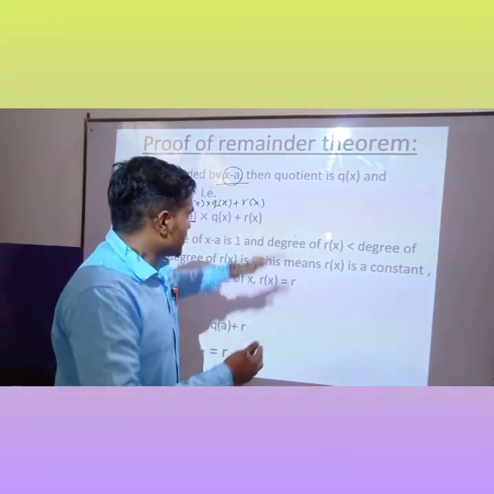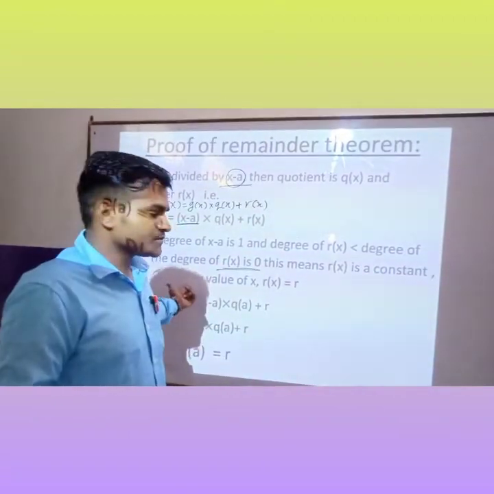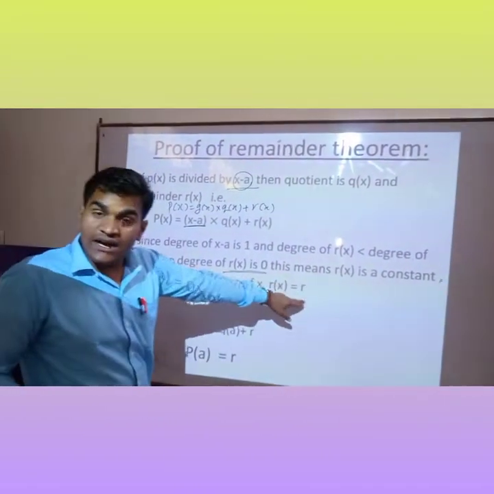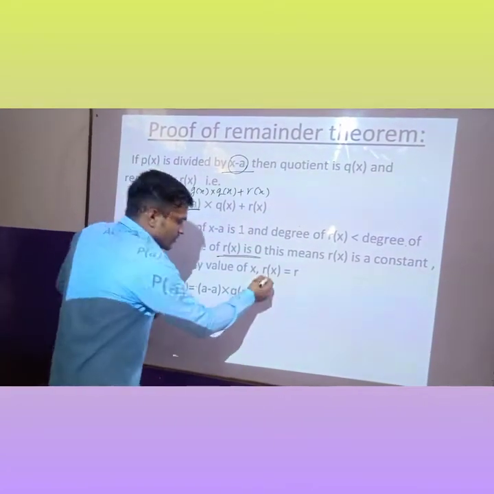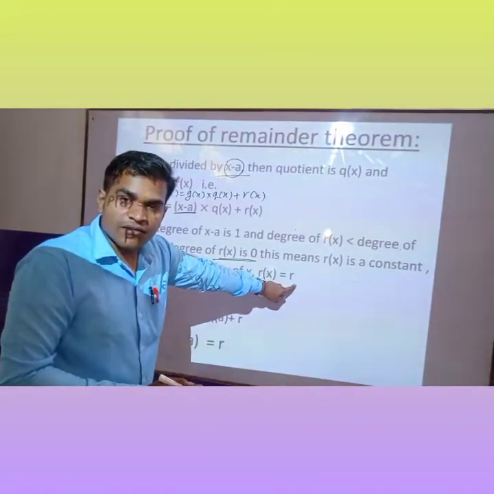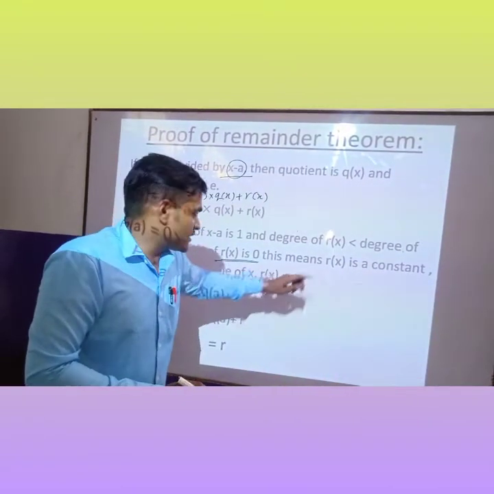So r(x) is a constant, say r. For every value of x, r(x) is r. Understood? Because it is a constant.